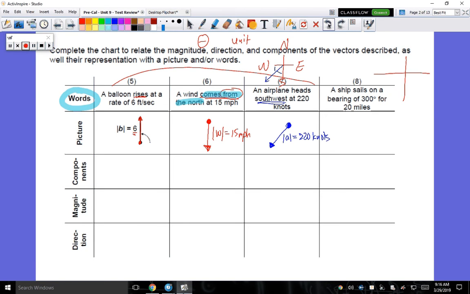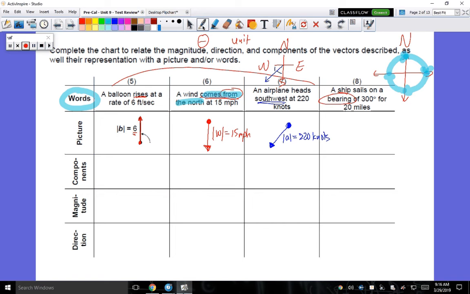Well, with bearing, a good way to remember is that ships used it with the North Star. That north being up, you're going to start 0 degrees here. So it'll be 0, 90 degrees, and then 180, and then 270, and then 360.